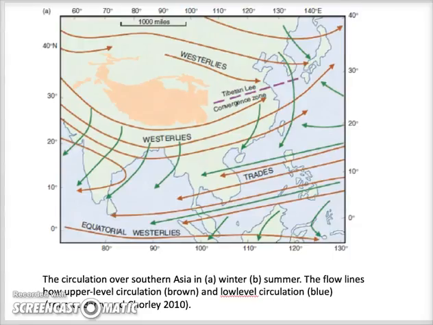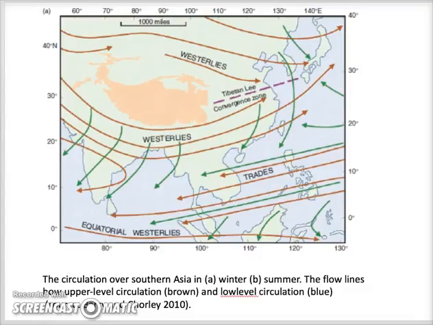In winter, the upper level westerlies are split by the Tibetan Plateau, and you can see that, and the subtropical jet stream flows eastward south of the Himalayas, while the polar front jet stream is well to the north over Siberia.